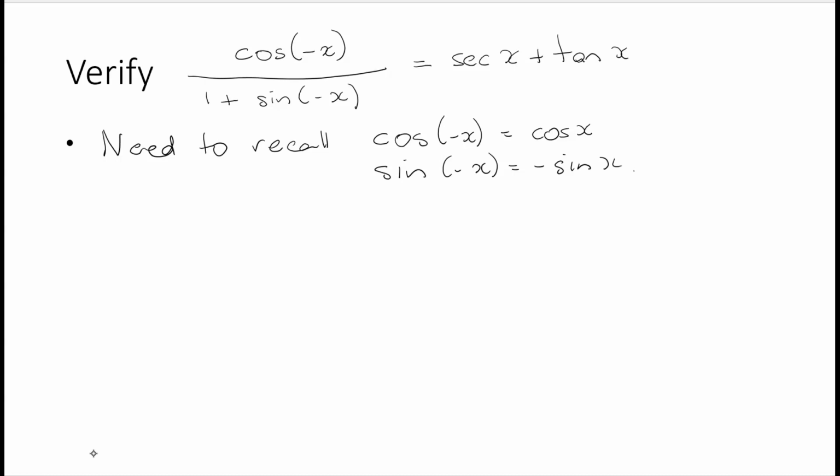Okay, so let's substitute those in. So on the top line, we're just going to have cos of x, and on the bottom line, we're now going to have 1 minus sine x, just using these two facts. So we can use the conjugate trick again.